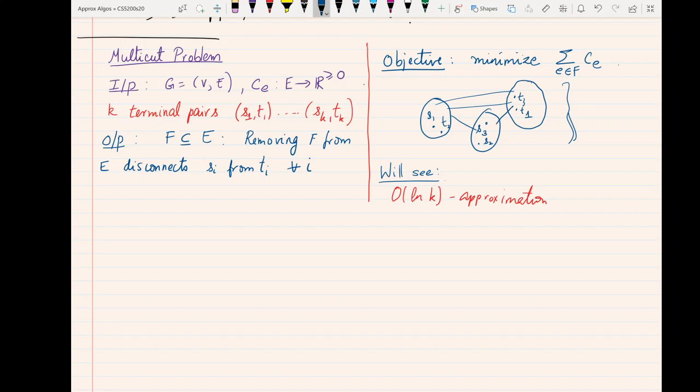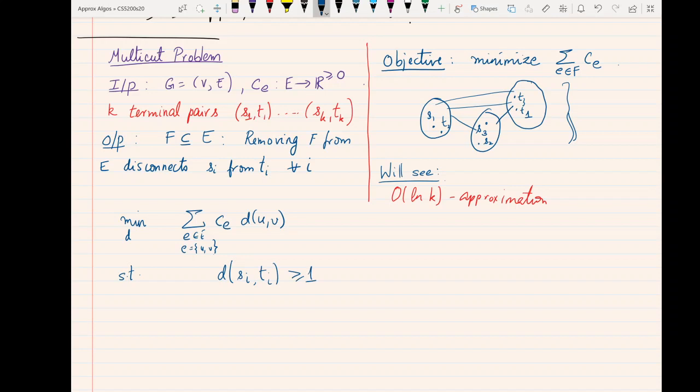Now, like before, we are going to write down an LP relaxation similar to the multi-way cut problem with the obvious extra set of inequalities. The objective is the same and the variables are the same, so I'm not going to specify it again. You want to minimize over these d variables, summation over edges CE d of UV, subject to the fact that d of Si, Ti is greater than or equal to 1.